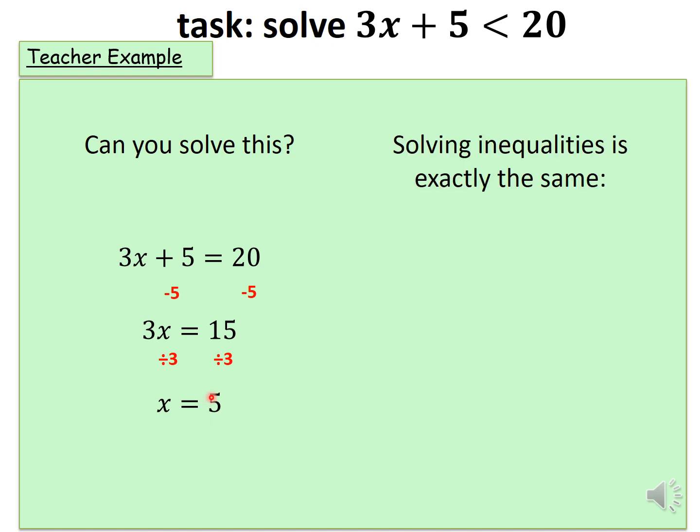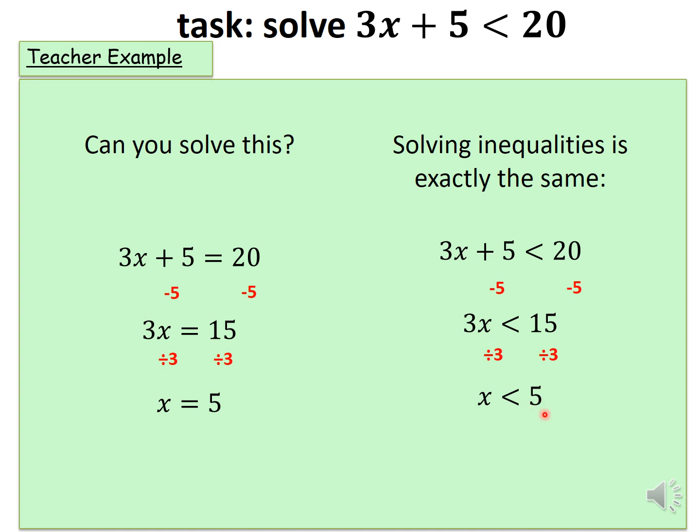But if that was an inequality like this, we would do exactly the same: get rid of plus 5, and then divide by 3 both sides. Now, x is less than 5.